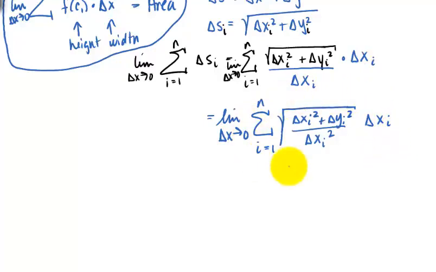All right, so I've rewritten this and I've put some i's on here to also show that we're at the ith triangle in the sequence of triangles that we're adding together. And I've also put this denominator inside the square root, and that's why this has turned into a delta x sub i squared, because I have put it under the radical sign. So now let's simplify this a little bit and see where that gets us.